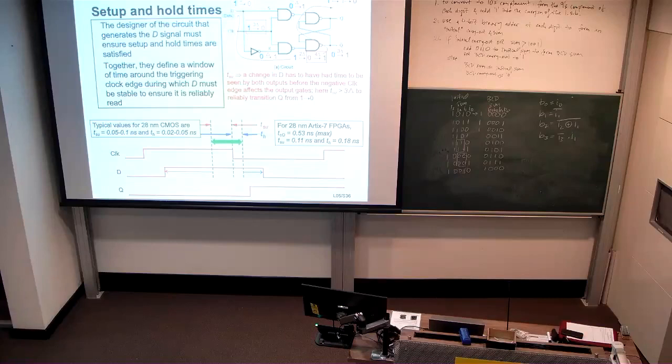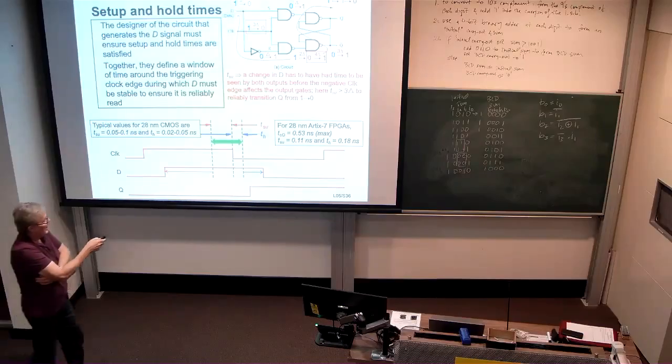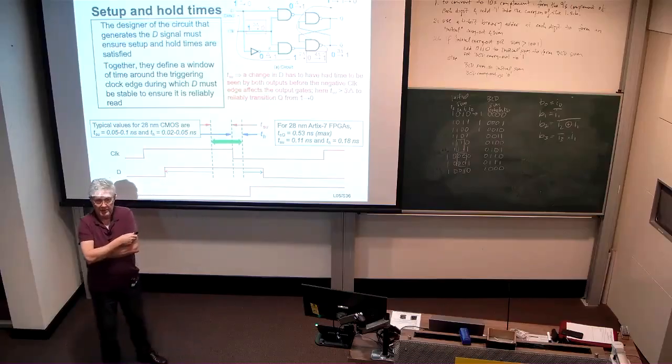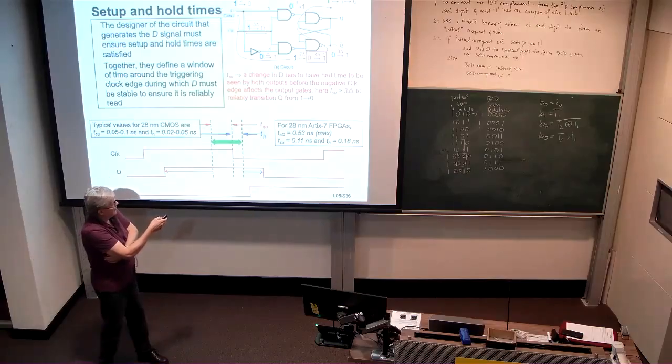So that's fine, because that's exactly what we desire, right? But what if the clock changed just before 3 delta? Well, then this wire would go to 1 before this guy's even gone to 0. And as a consequence, this guy could go to 0 again.